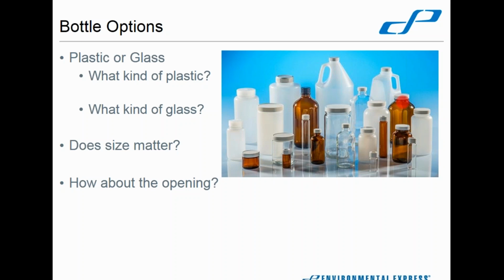It's easier to pour from a smaller mouth container. So that's up to you, again, as the user, to decide between everyone who is handling that bottle, what the best way to do it is.